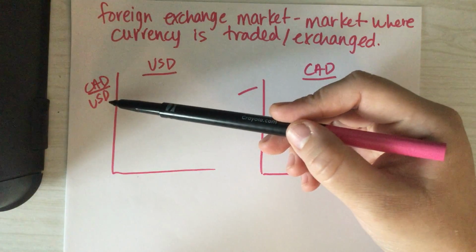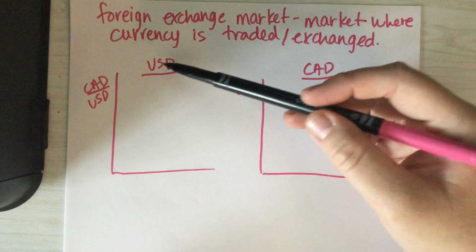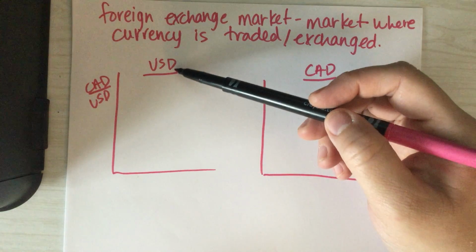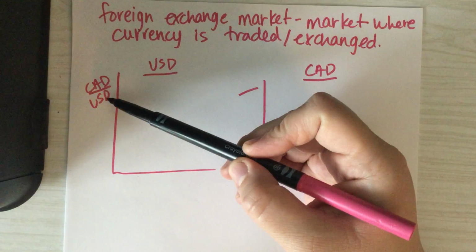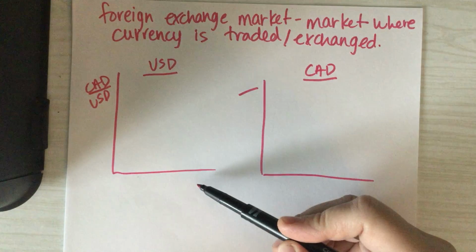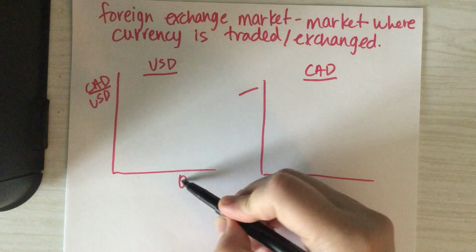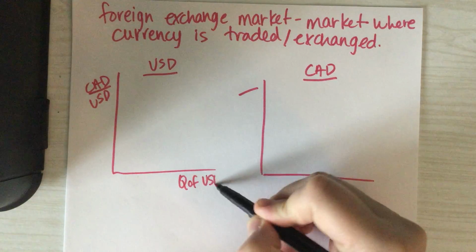So let's say this is the graph for the US dollar. Whichever currency the graph is for goes on the bottom of this ratio as well as the bottom of this graph. The x-axis is going to be the quantity of the US dollar.